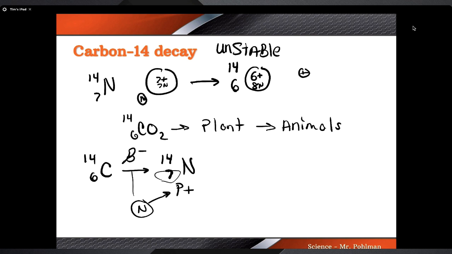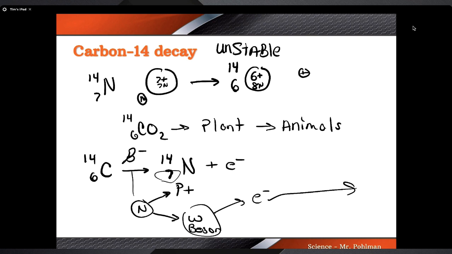Nitrogen. Now what else is happening here for this beta minus decay? We can't just have that and that's it. What you're going to get also is what's called a W boson. And that W boson is going to form an electron. It's going to be a high-speed beta particle that's shot out of this beta minus decay.